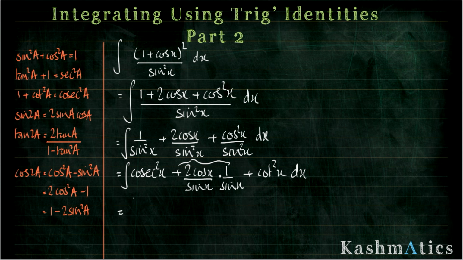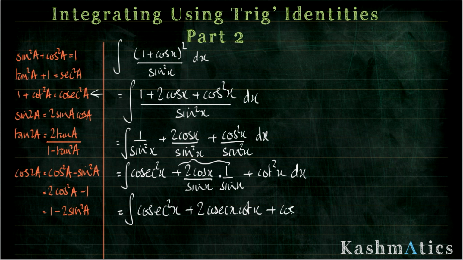Okay, so we're almost there. Just keep this as it is. Plus, now hopefully you'll recognize this by now. 1 over sine x is cosec x. Cos over sine is cot x. So you've got cosec x cot x, so that would be 2 cosec x cot x plus cot squared x, which I'm going to rewrite using this like we did before.